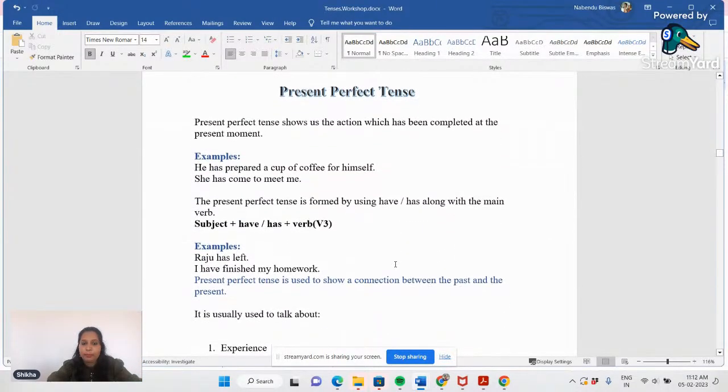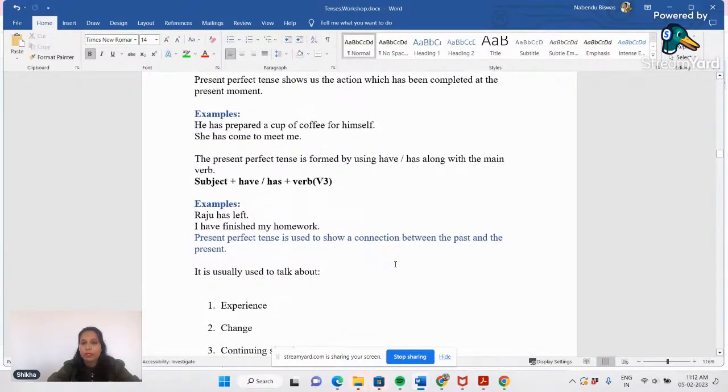Yes, then for present perfect tense, we came to know present perfect tense shows an action which has been completed at the present moment. For example, he has prepared a cup of coffee. Okay, and for present perfect, we use subject plus have or has, depending on the subject, plus the v3 form of the verb.